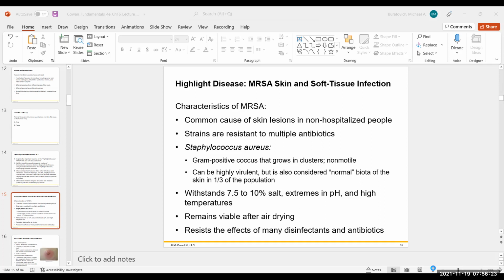Very good. So impetigo can come in two different forms usually. There is a type called bullous, and then there's non-bullous. Bullous and non-bullous impetigo.